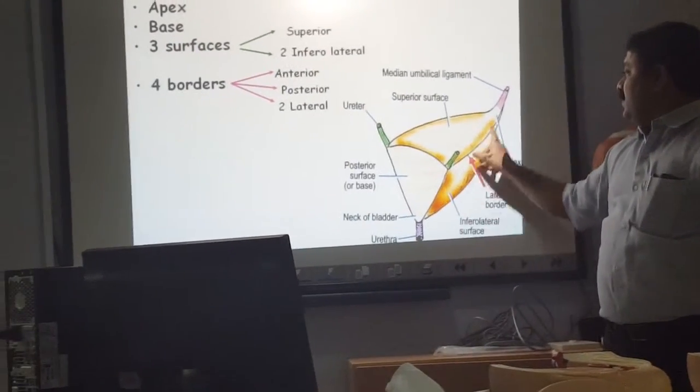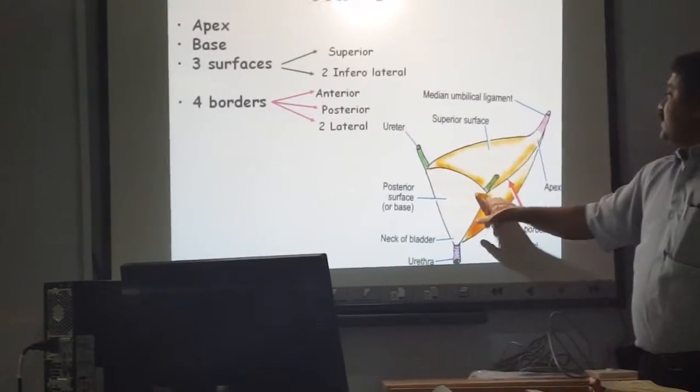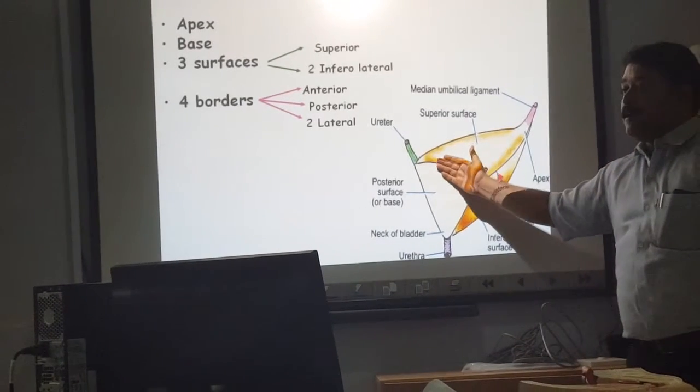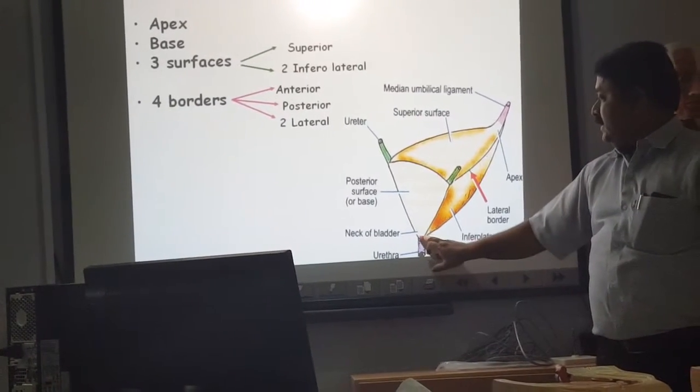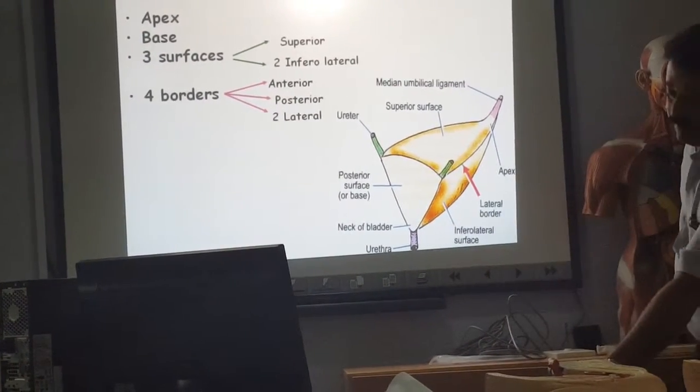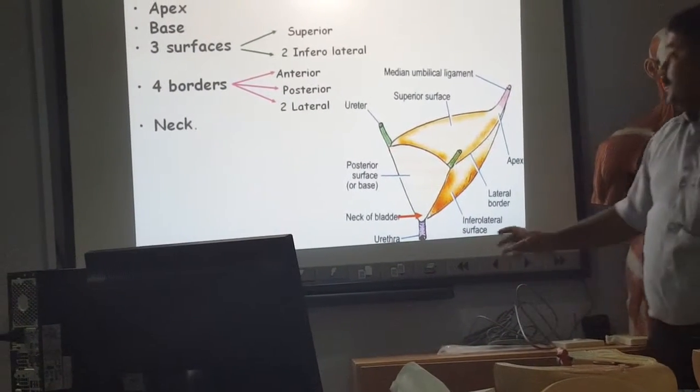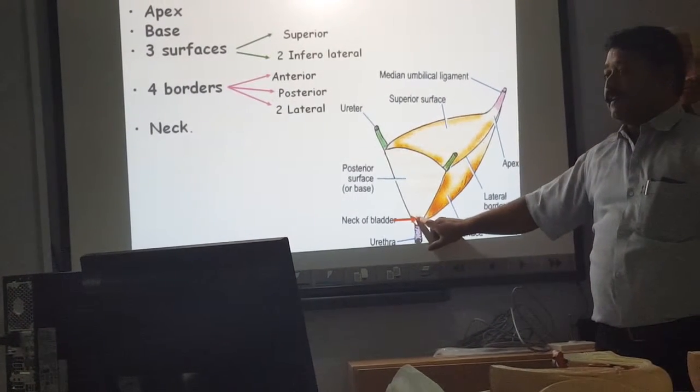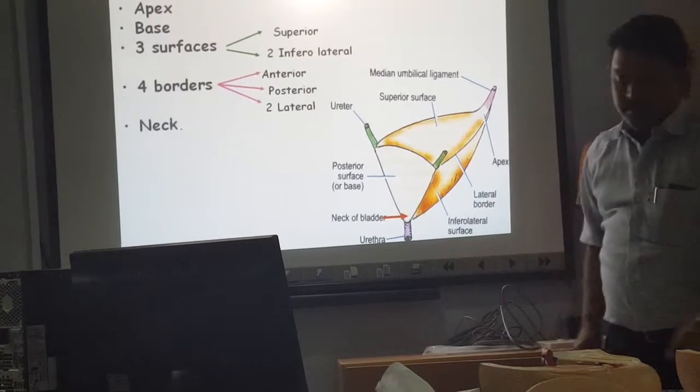Anterior border, lateral border, posterior border, apex and the base. Here is the neck, where the urethra begins. Neck of the urinary bladder.